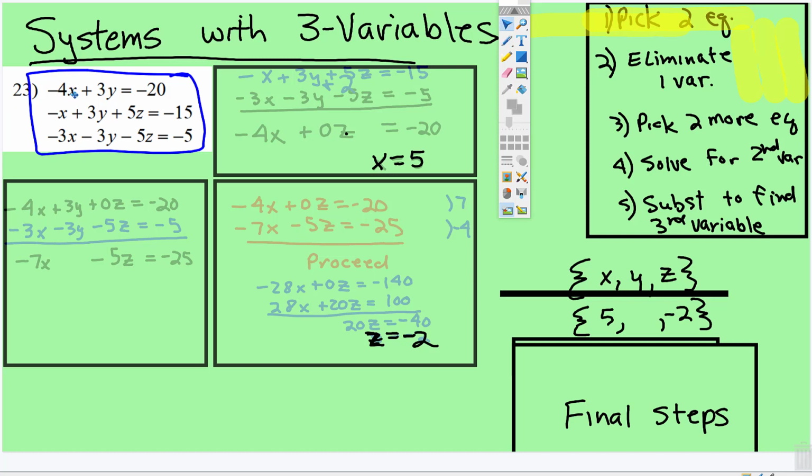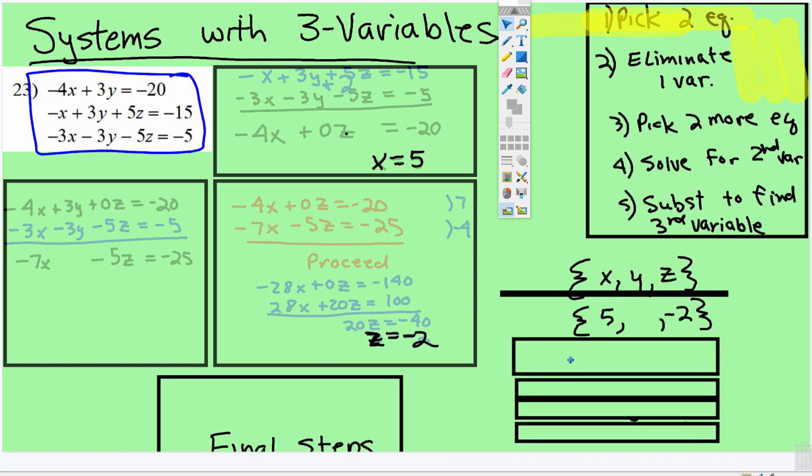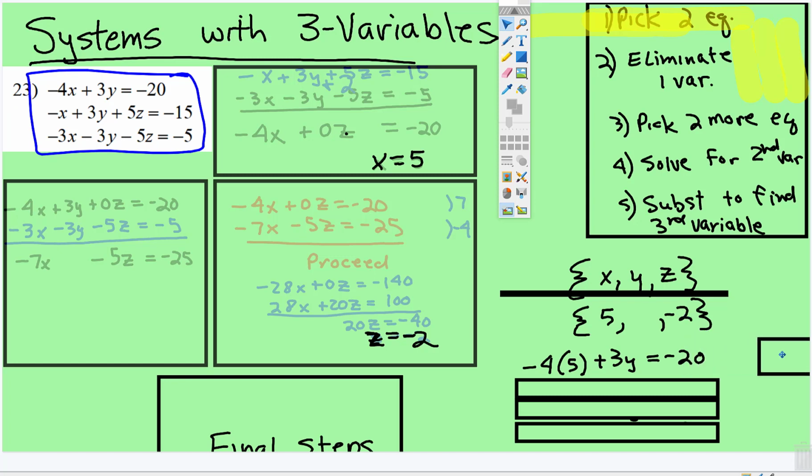And that's what I did. I like to keep things easy on myself. So I just substituted 5 into that top equation. So I have negative 4 times 5 for the x plus 3y. There is no z, so I don't even have to worry about that negative 2, is equal to negative 20.